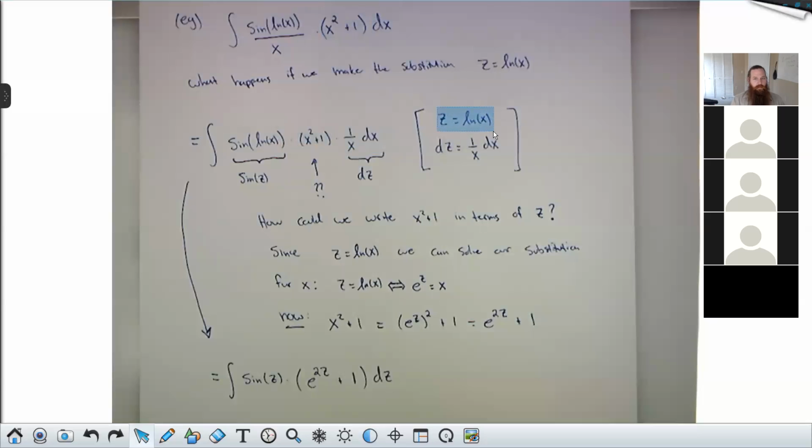Then since I'm substituting z equals ln x, the sine of ln x would just become the sine of z, and the 1 over x dx just becomes dz. It's this piece in the middle which is hard. And the trick was to go back to your substitution and solve for the original variable. So here, I'm just solving this equation for x. You do that by exponentiating on both sides. You get e to the z equals e to the ln x. e to the ln x is just x.